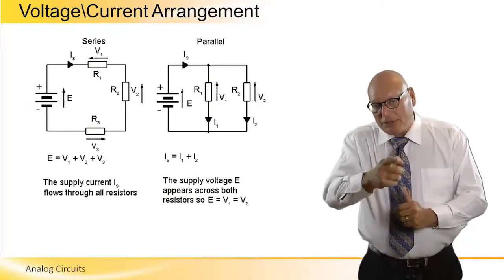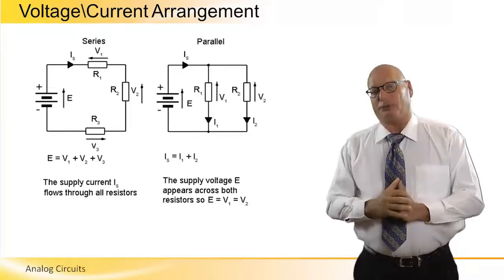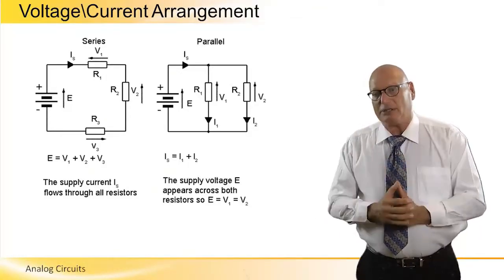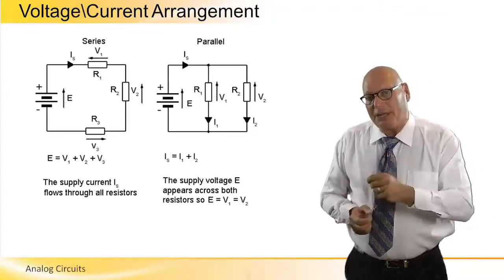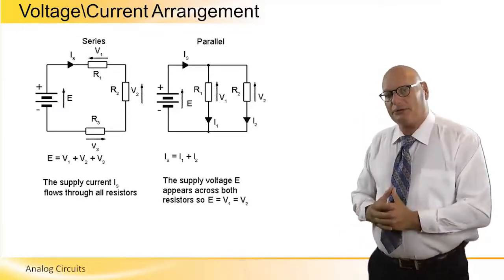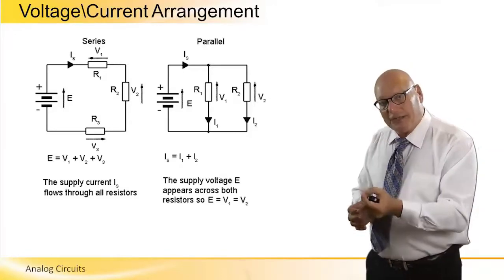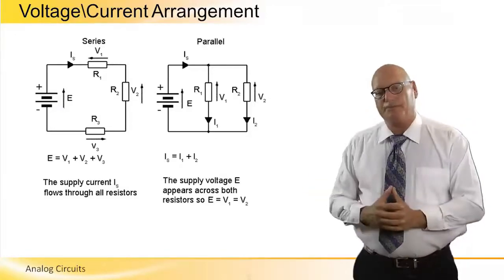And if we look down on the minus side of the battery, we can see that the left part of R3 is connected to the negative side of the battery. That means the voltage is minus on the left and plus on the right.